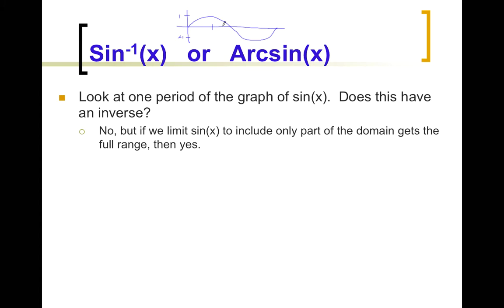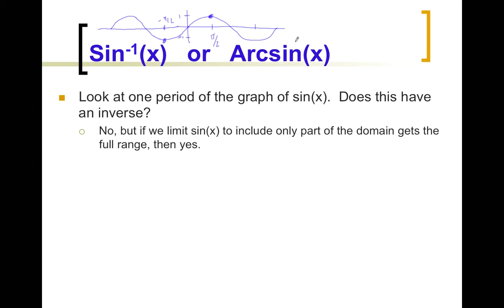We could start over here and go from pi halves to 3 pi halves. But what we like to do is center the function on the y-axis. So if we went backwards a little bit, this now shows 2 full periods of the sine function. And if we went from negative pi halves to positive pi halves, that will get the entire range of sine, and we would eliminate the rest of the function.